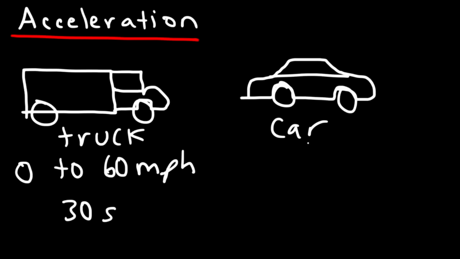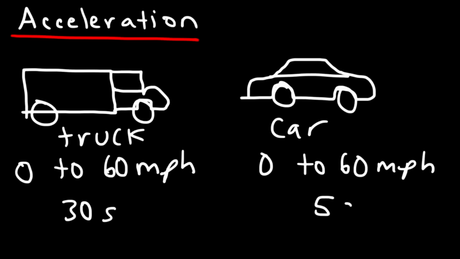A sports car can go from 0 to 60 in a shorter period of time, let's say in 5 seconds. So because the sports car can get to a certain speed faster than the truck, it has a greater acceleration. And so acceleration tells you how fast the velocity is changing.